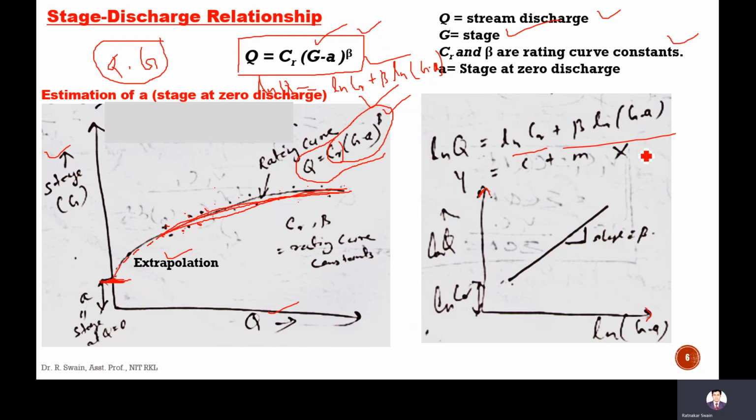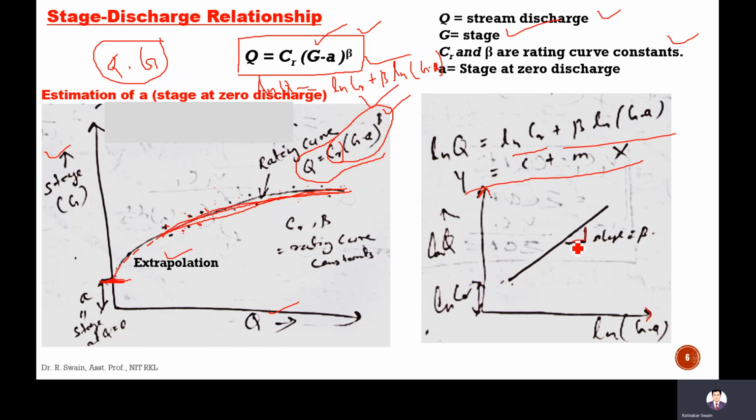So it will be a straight line if you plot ln Q versus ln (G minus A) on log paper.